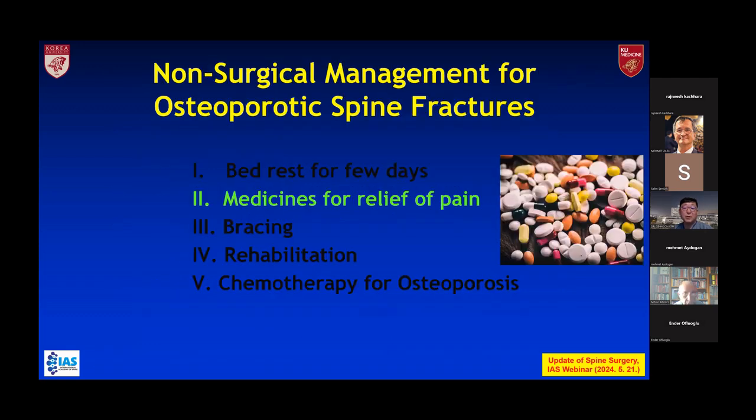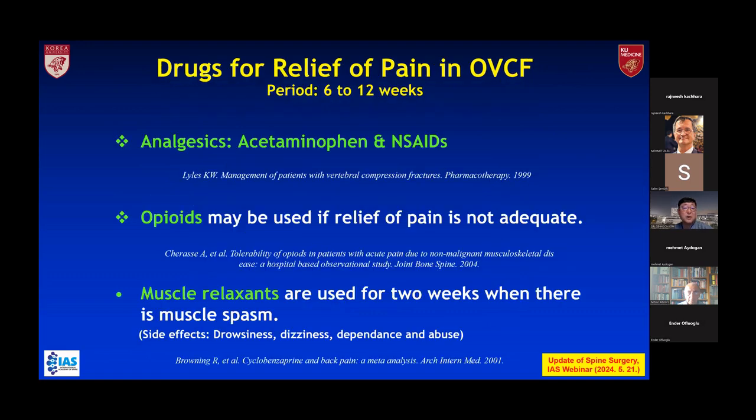Then what about the medications for pain relief? Most commonly, analgesics such as acetaminophen and NSAID are useful. Sometimes, and personally, me too, I'm prescribing opioids if the patient is still in pain despite the common analgesics. And muscle relaxants are used for short durations, such as 2 weeks.